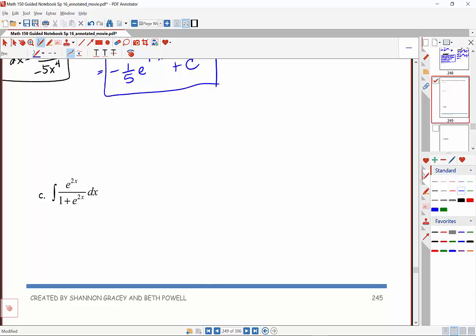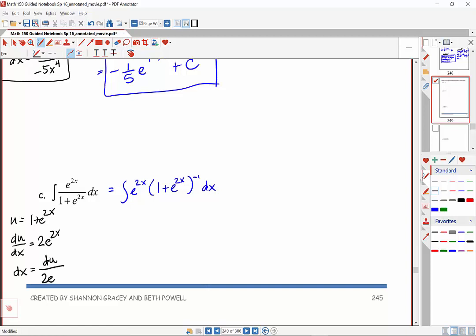So remember, we can rewrite this as the integral of e to the 2x times (1 plus e to the 2x) raised to the negative 1 dx. The more complicated part would be the 1 plus e to the 2x, because that's being raised to the negative 1 power. So differentiating with respect to x, we're going to have, good, 2e to the 2x. So then isolating dx, we'll have du over 2e to the 2x.